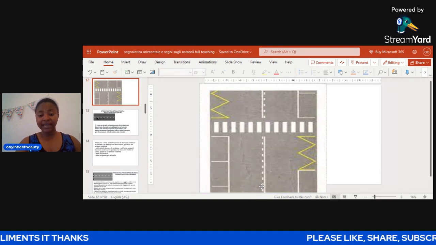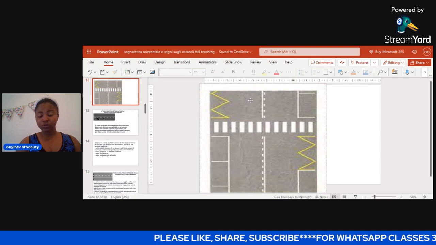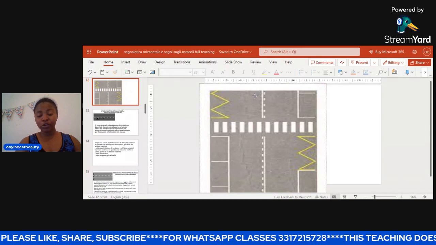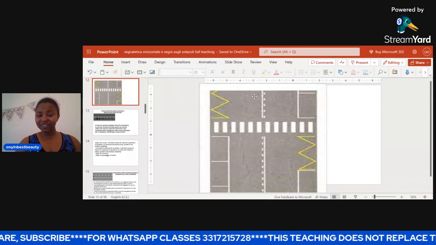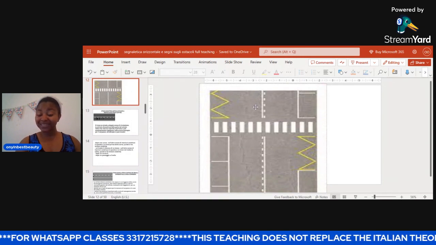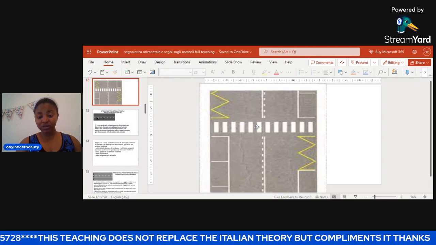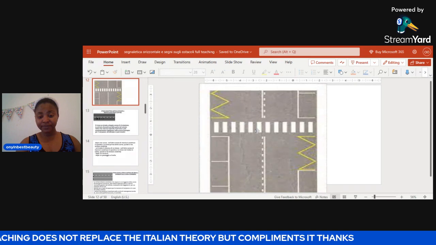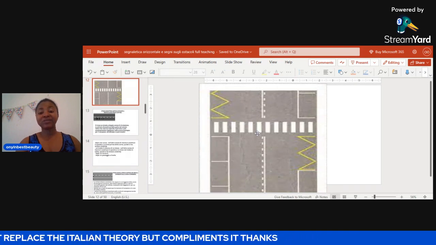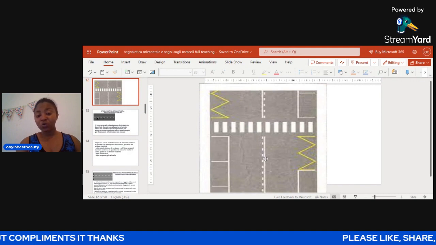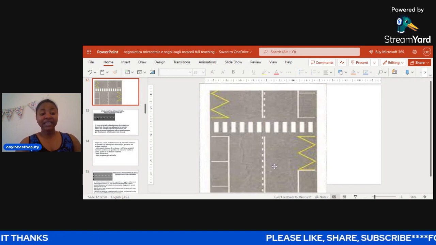Then on this other end, to those who come this way, this now is two-way circulation. It tells them that from this place they see a continuous line, so they are approaching the attraversamento pedonale. Now immediately you cross over this attraversamento pedonale, you see this discontinuous line, now you can do your overtaking. It is as simple as that.